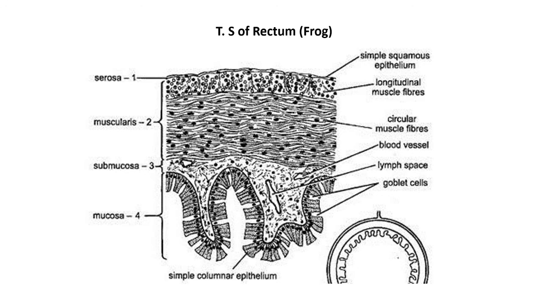Muscularis layer consists of circular and longitudinal muscle fibers. Then submucosa, the smallest layer, which has lymph and blood vessels, meaning it is a highly vascularized layer of rectum, and then the innermost layer called mucosa.